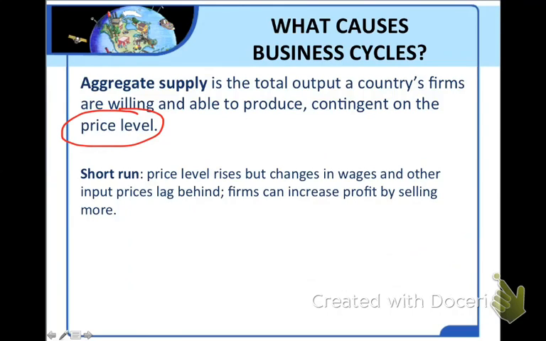Aggregate supply is the total output the country's firms are willing and able to produce, contingent on the price level. In the short run, when the price level rises and wages and other input prices don't have time to catch up, firms can increase their profits by selling more. So the level of aggregate supply generally increases with the price level in what we call the short run.